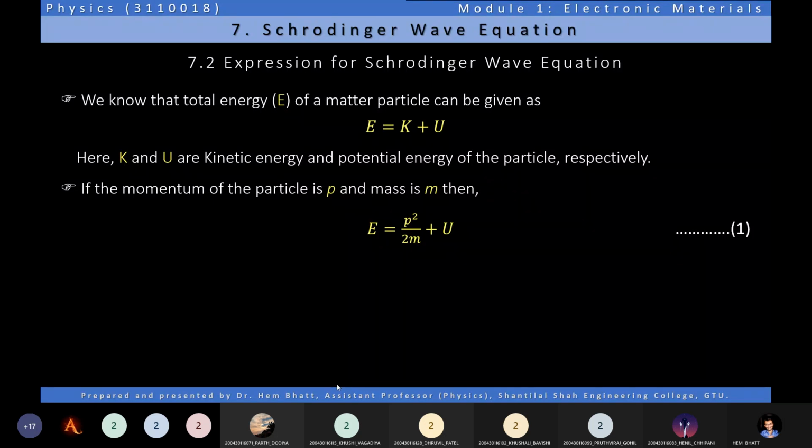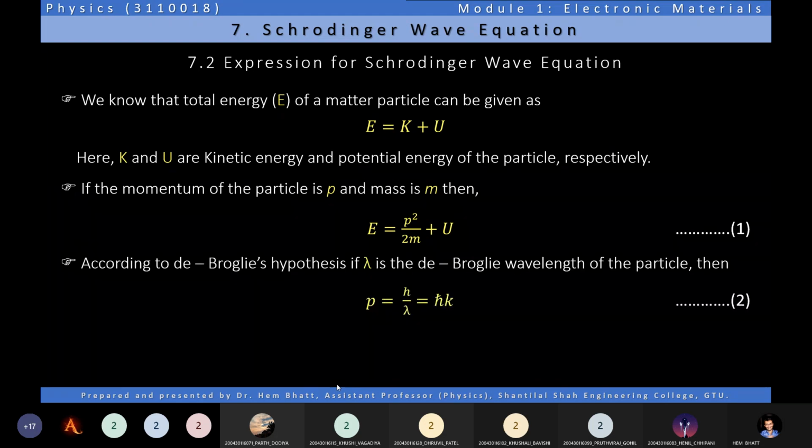Now I will employ de Broglie's hypothesis. De Broglie's hypothesis શું હોતે? What is de Broglie's hypothesis? That P can be written as h by lambda. તો હવે આમાં P ની જગ્યાએ h by lambda આપણે મૂકીએ. Okay, how to get this h cut K? So multiply h by lambda with 2 pi by 2 pi and you will get this.